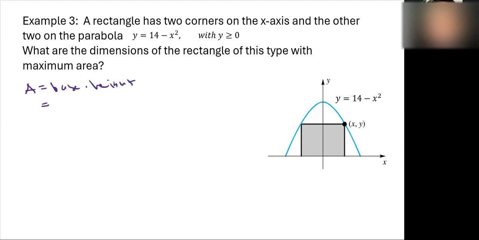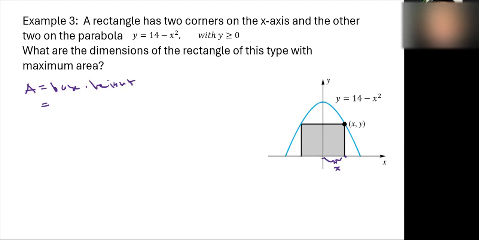All right. So for our base here, if you notice on our graph here, so here's our parabola in blue, and then we have this rectangle underneath it. So this up here is x, so that means right here, right? This part here is also going to be x. Okay. Now we also have to consider or include the graph on the left side.